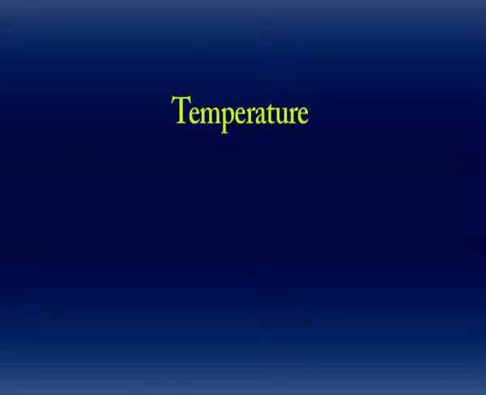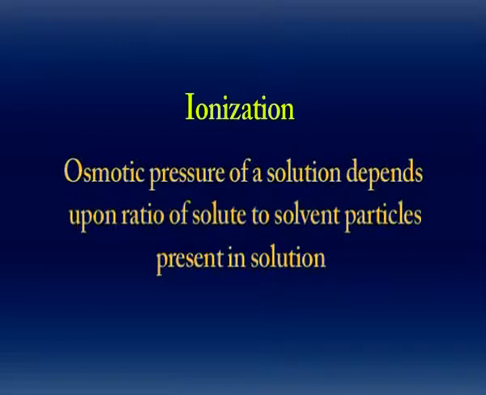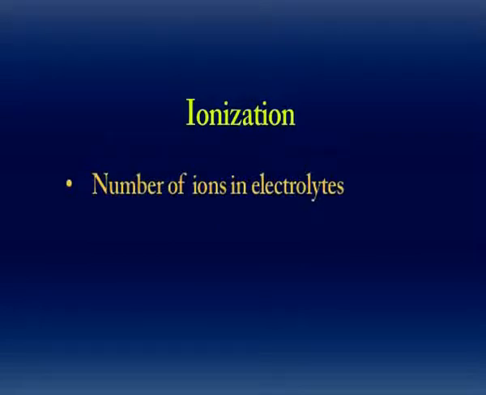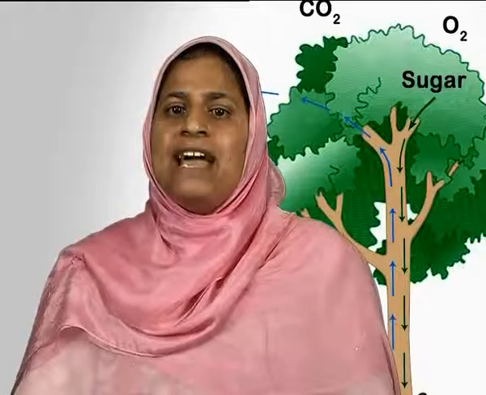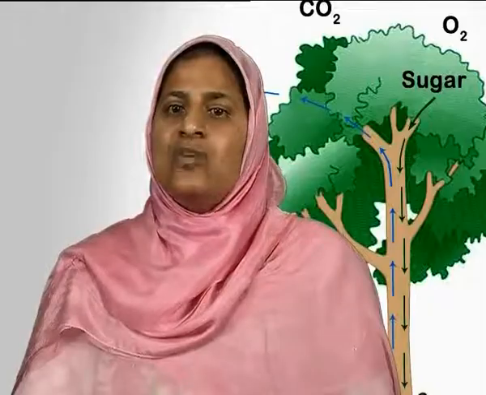The second one is temperature. The osmotic pressure is directly proportional to the temperature. Third one is ionization. The osmotic pressure of a solution depends upon the ratio of solute to solvent particles present in the solution, that is, the number of ions in case of electrolytes and molecules in case of non-electrolytes. Therefore, it may be said that the ionizable molecules possess a higher osmotic pressure.